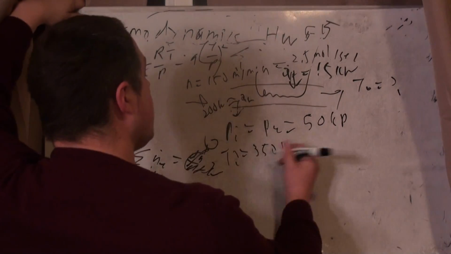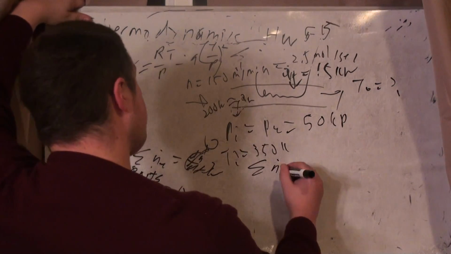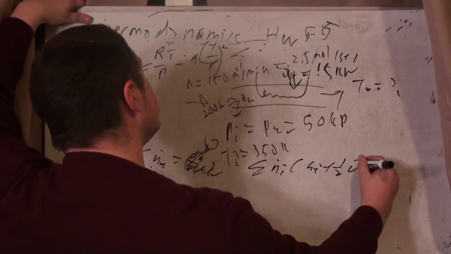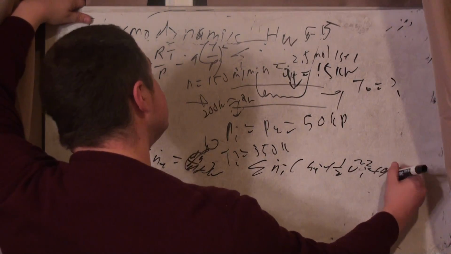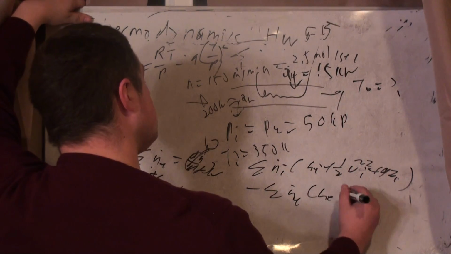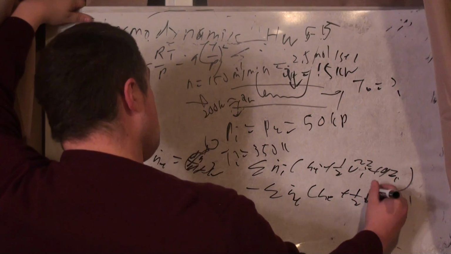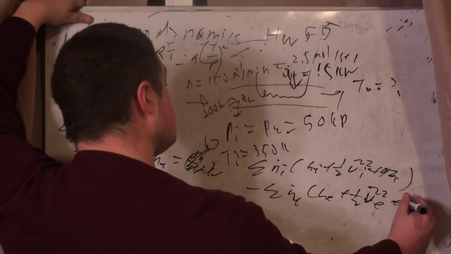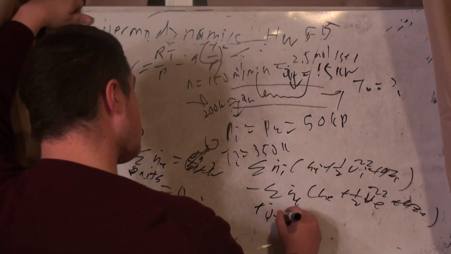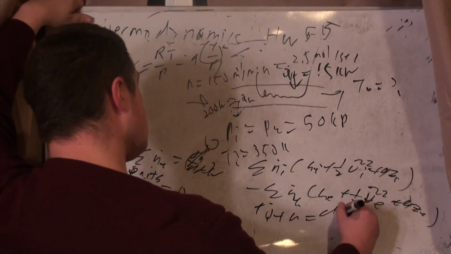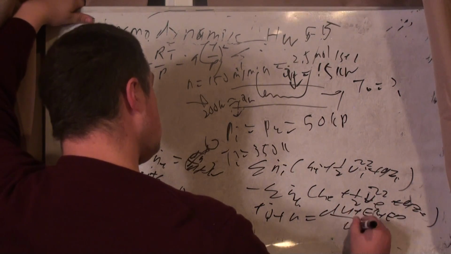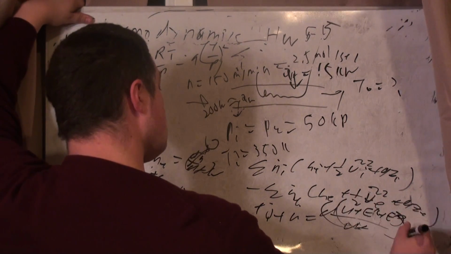Okay. And then we do my energy balance, so summation of n dot i, h i plus one half v squared i plus g z i, minus summation of n dot e, h e plus one half v squared e plus g z e, plus q dot plus work dot equals d of U plus EK plus EP dt of the control volume.